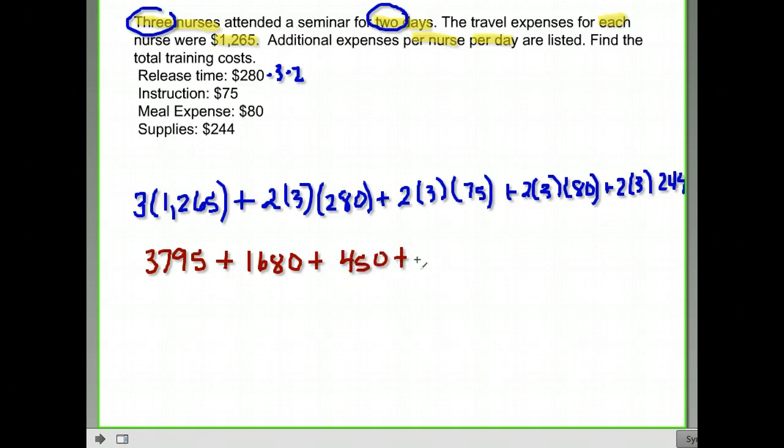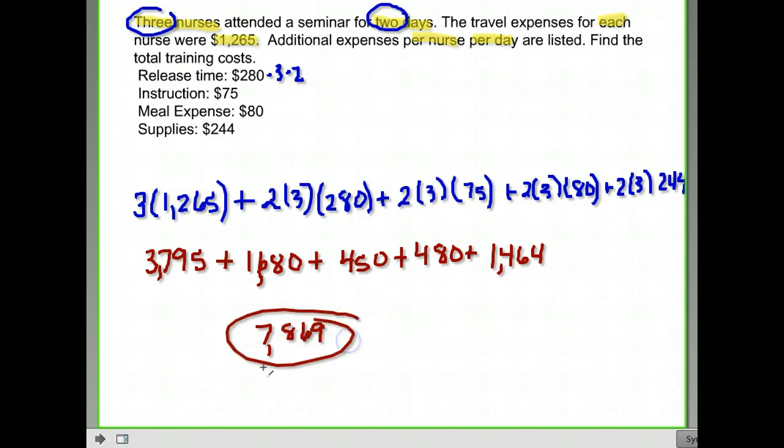The next one we get $480. And finally on the end down there, $1,464. All we have left now is to total those numbers. We just have to add them together and we will be done. When I add them together, I get $7,869 for my total fee.